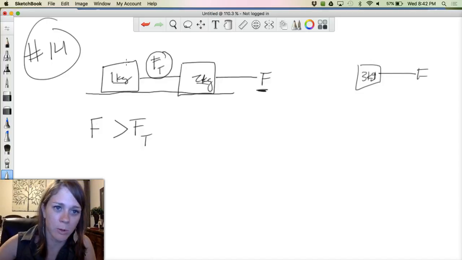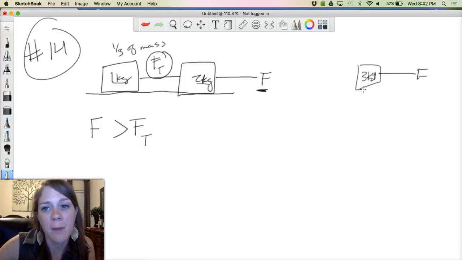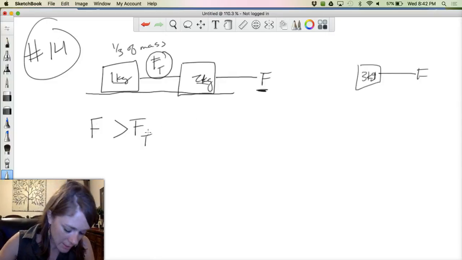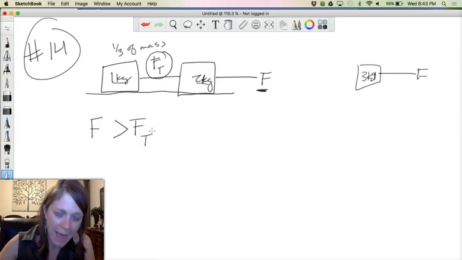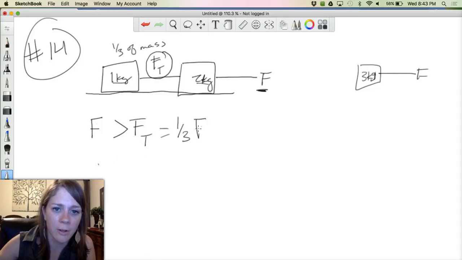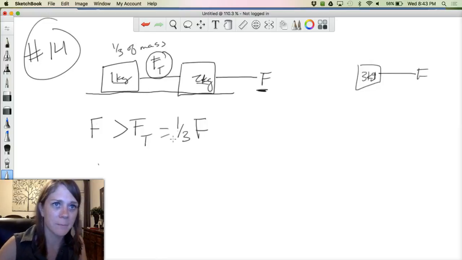If it has to pull a third of the mass, because 1 divided by the total mass of 3 is 1/3, then the tension force is going to be less than F, and it's actually going to be equal to 1/3 of F, because it has to pull 1/3 of the mass.